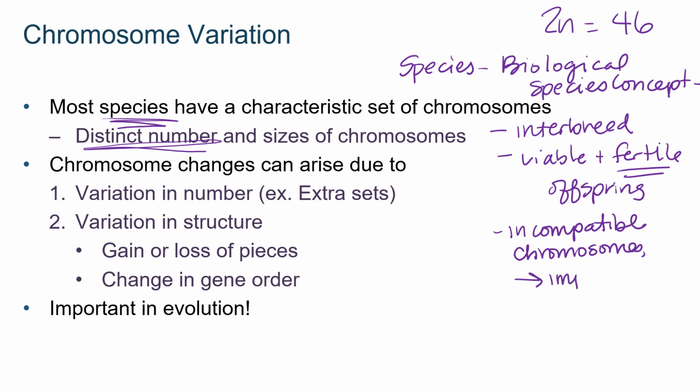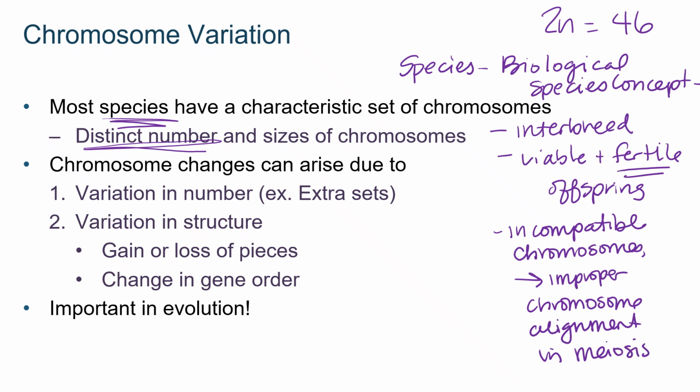So we get improper chromosome alignment in meiosis. So what this means is that our individuals are not going to have proper chromosomes for them to line up and separate. And so assuming that they survive to reproductive age, they're not going to have gametes that are going to be compatible with other gametes because the chromosome number or complement is going to be incorrect.